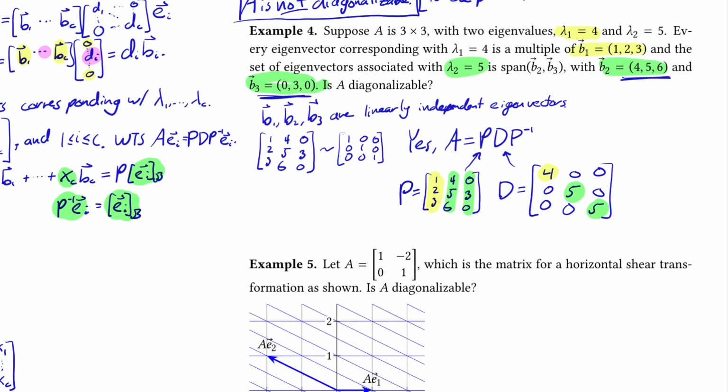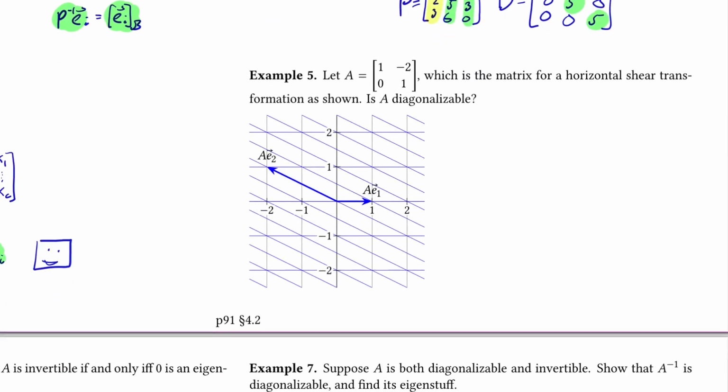Let's look at example 5 here. So let A be this matrix. It's triangular, but not diagonal. This is the matrix for a horizontal shear transformation. So e1 is right here, A times e1 is not changed.